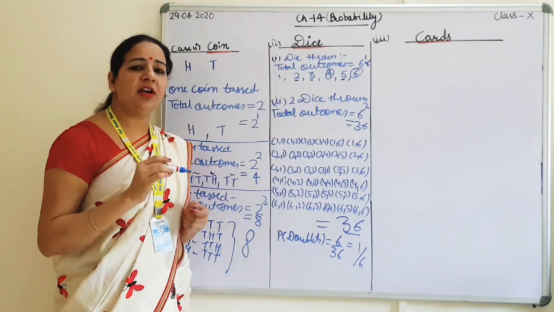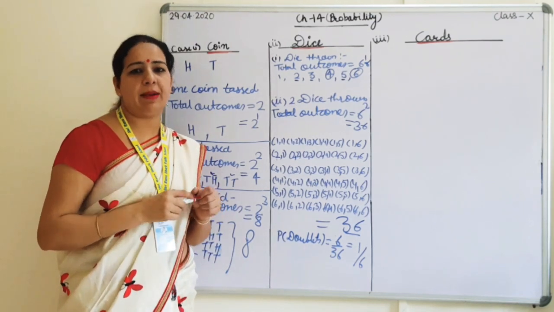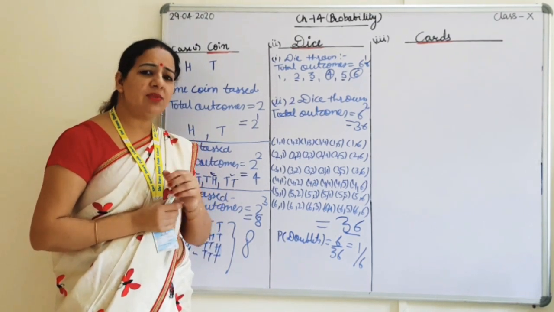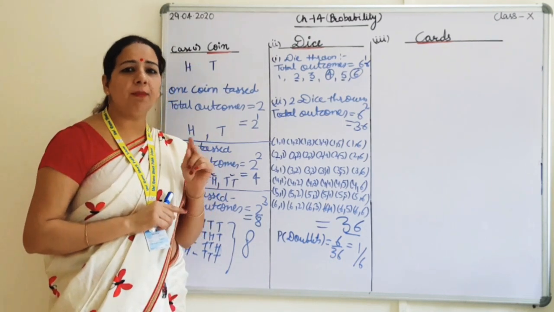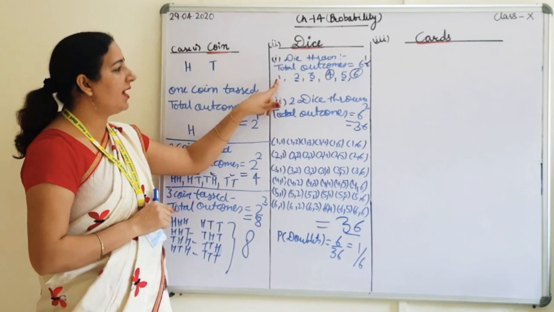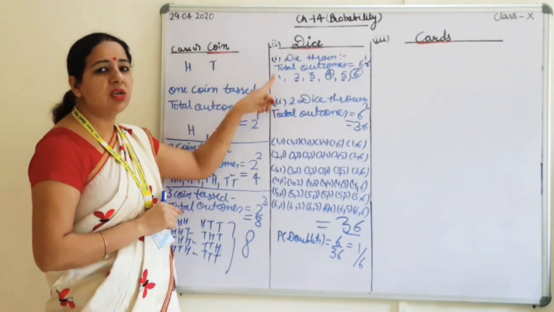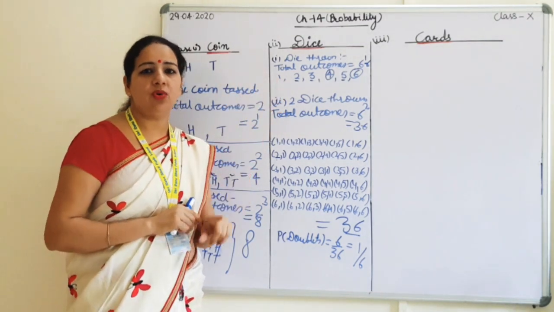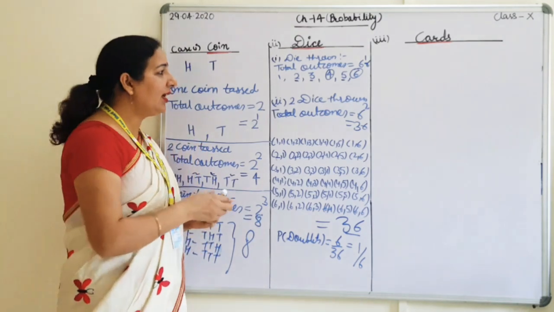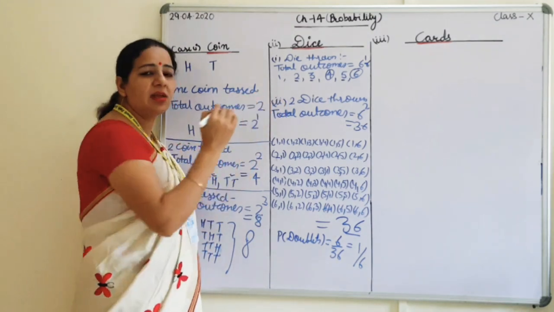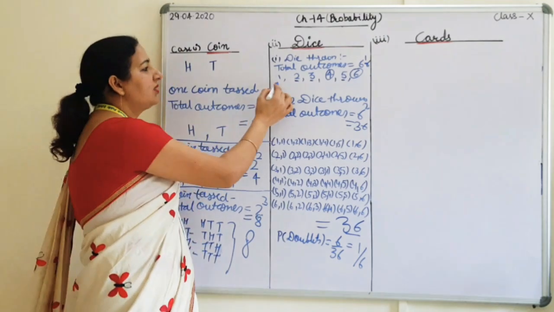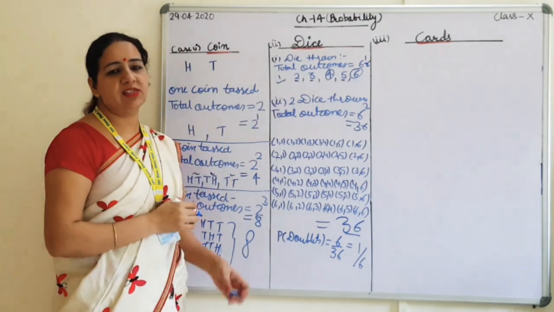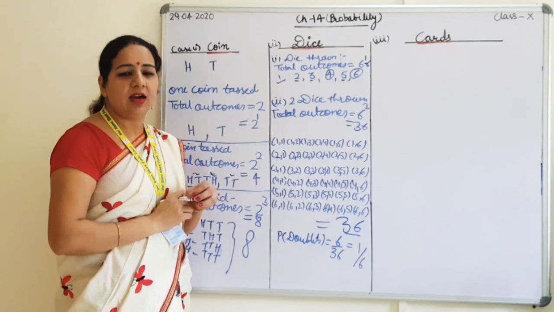What is the probability of non-prime numbers? What is the difference between non-prime numbers and composite numbers? In non-prime numbers we will take 1 also, because 1 is neither prime nor composite. So when we ask for the probability of non-prime numbers, 1 will be added in the counting.